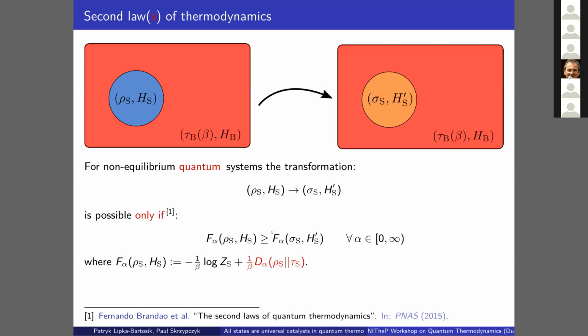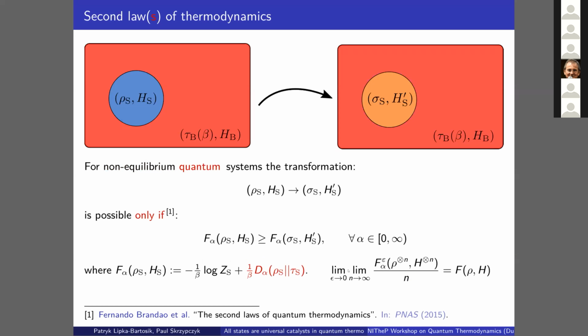And more intuitively, this captures the fact that for quantum thermodynamic transformations, these transformations depend on the whole structure of the energy distribution and not just on the averages. And importantly, in the limit of infinitely many systems and modulo some technicalities, one can prove that all members of this family of quantities essentially reduce to the non-equilibrium free energy.